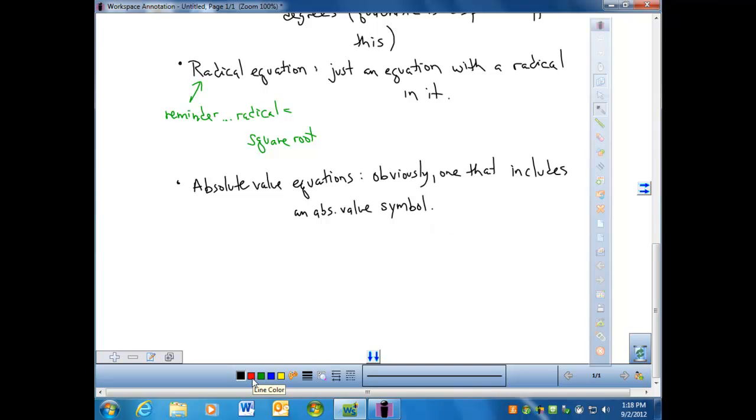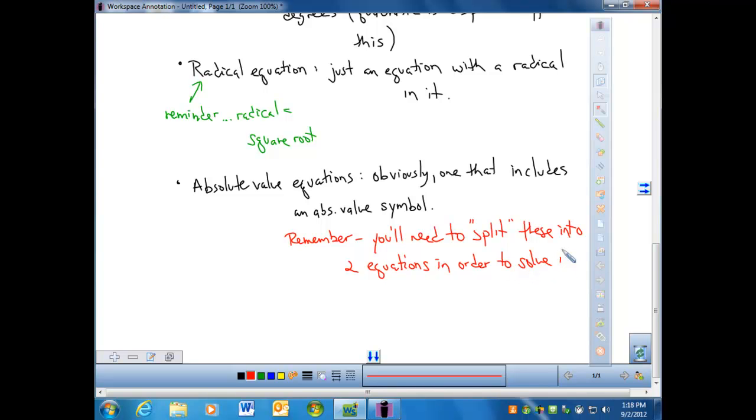The reason you do that is to be able to solve for the positive value and then the negative value, because remember, the positive and negative, when you put them in the absolute value symbols, will give you the same answer. So it should be intuitive to you that there will be 2 answers to most absolute value problems. And again, I'll show you how to do this method as I look at some example problems here in just a second.